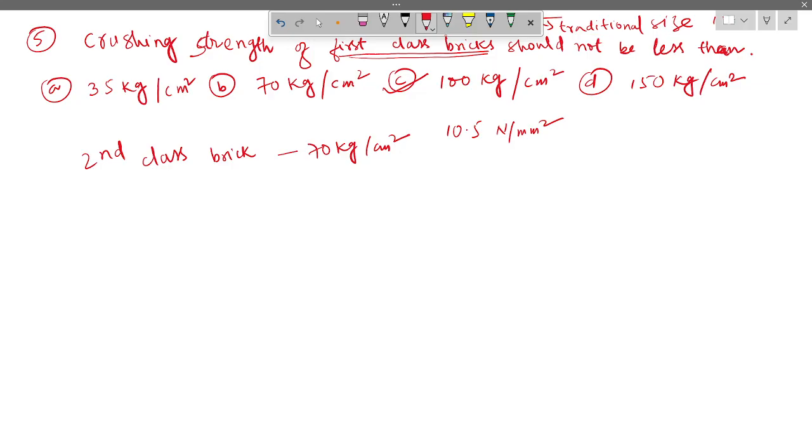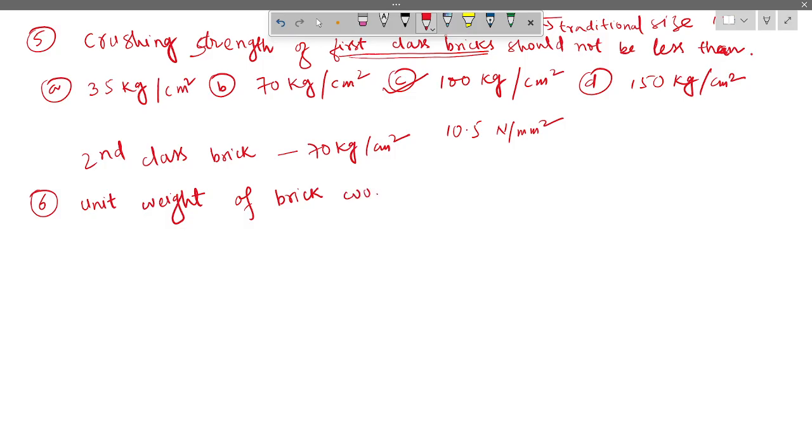Now we will move to the next question, question number 6. The unit weight of brick work is about... this question was asked in previous SSC JE. How much is the unit weight of brick work?